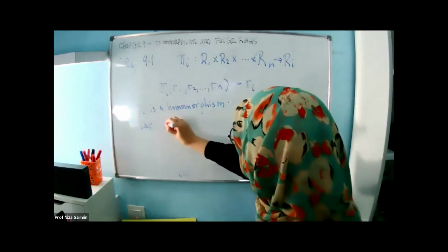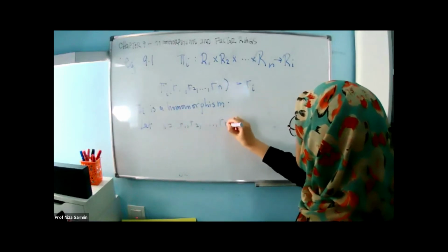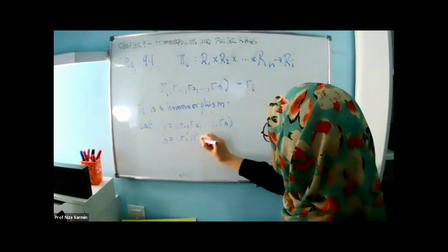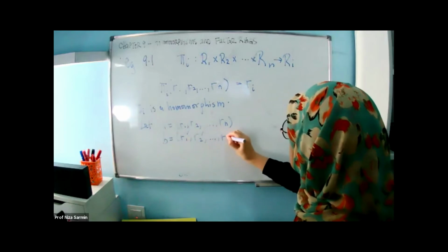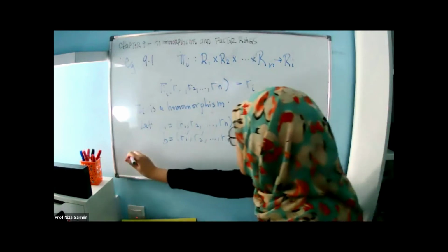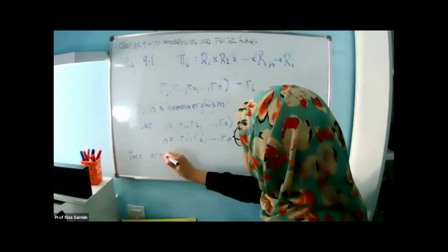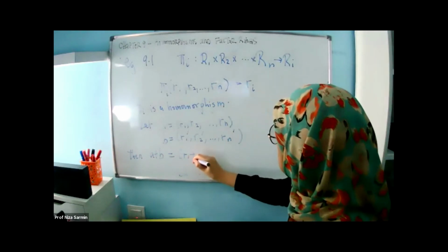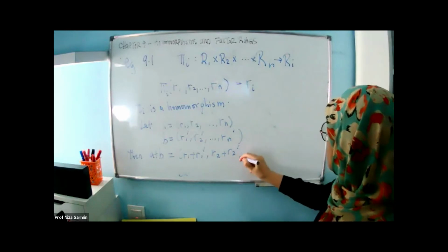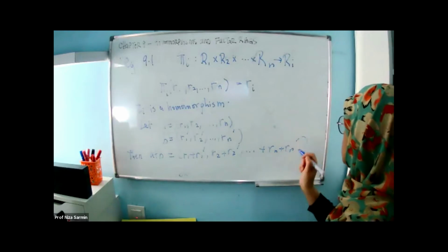So let A be (R1, R2, ..., Rn) and B equal (R1 dash, R2 dash, ..., Rn dash). Then A plus B is (R1 plus R1 dash, R2 plus R2 dash, ..., Rn plus Rn dash).